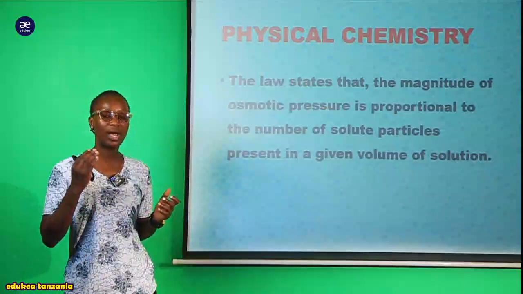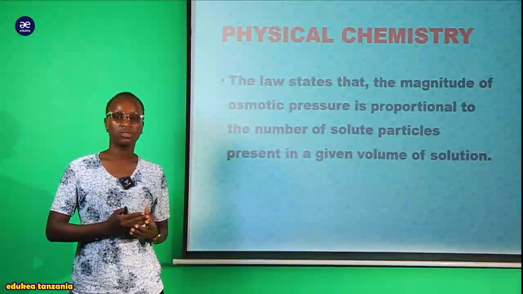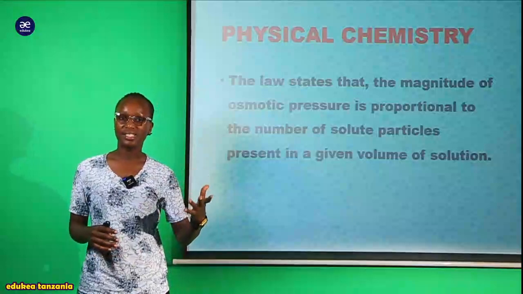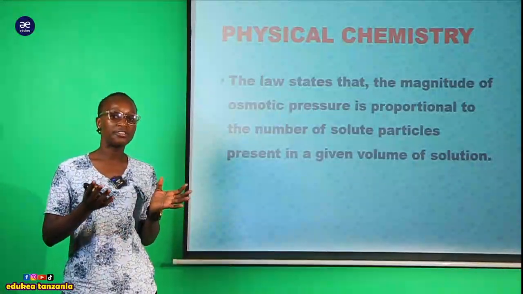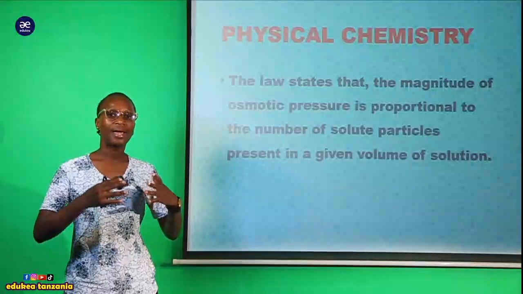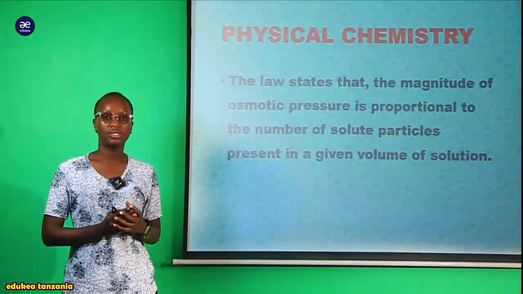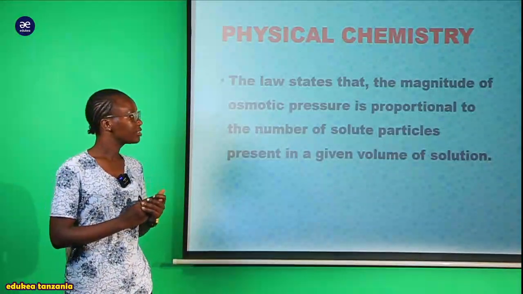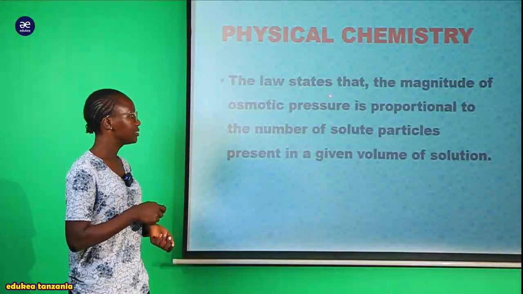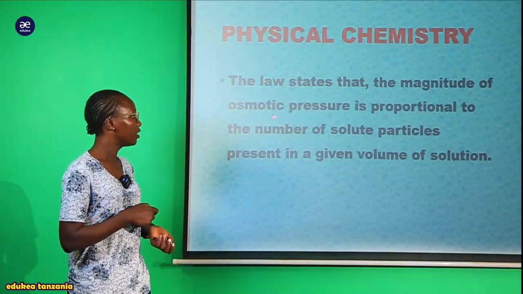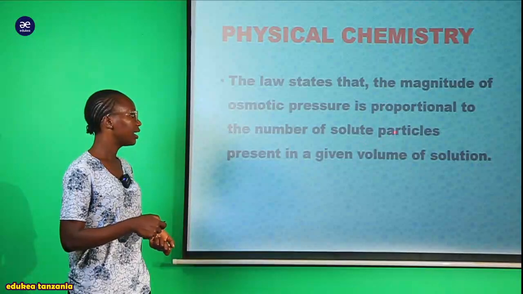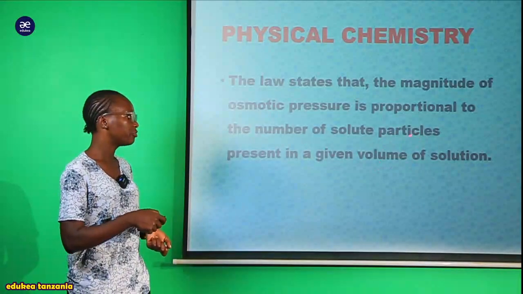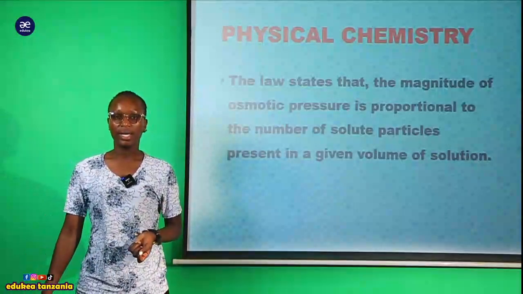Now we have to know the statement of the law, what the law says. When we talk about Van 't Hoff's law, what does it mean? What is the general statement of the law? Simply, the law states that the magnitude of the osmotic pressure is proportional to the number of solute particles present in the given volume of the solution.